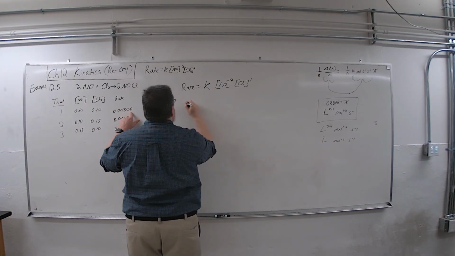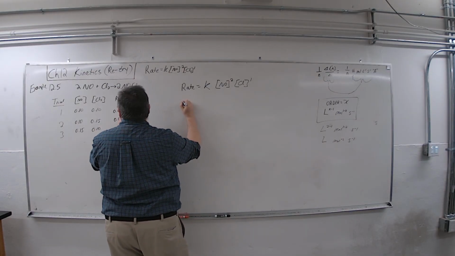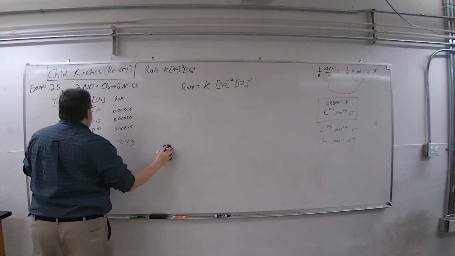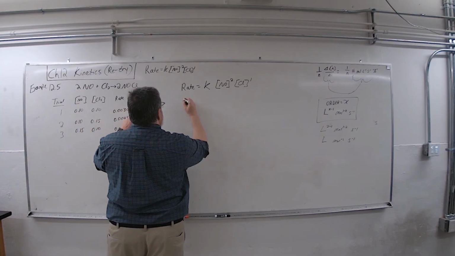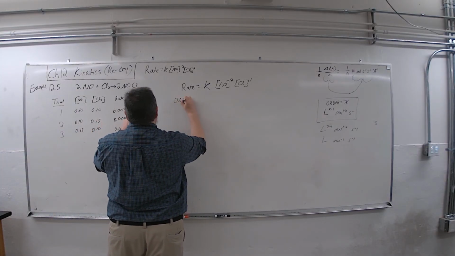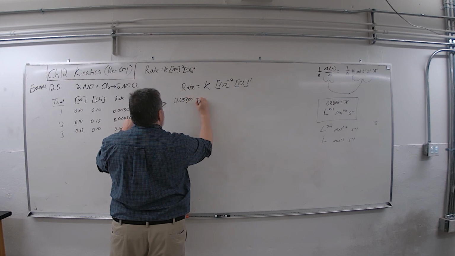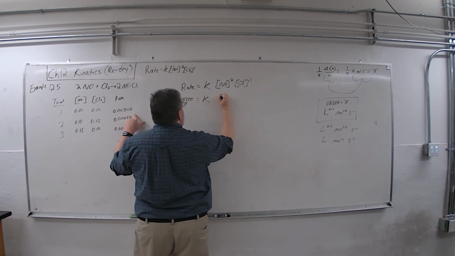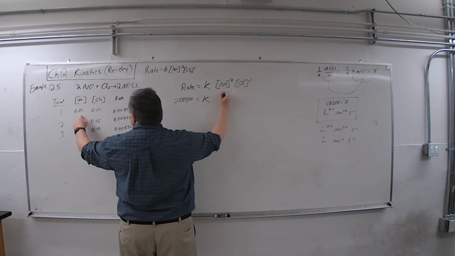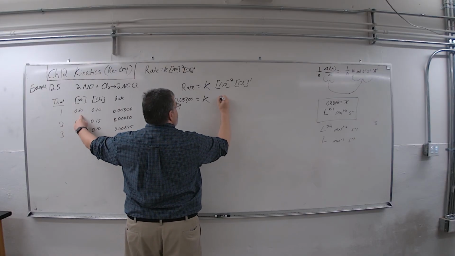For the first one, let's keep them the way they are for this one. 0.0030 equals k times 0.10 squared, and that squared is going to be 0.010.